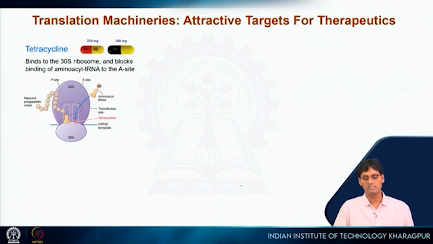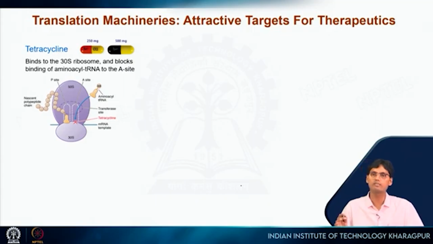Now, this is the last slide here. So, translation machinery, particularly I would say the ribosome, is an attractive target for therapeutics. Particularly, if you see many of the antibiotics, antibiotic means some kind of drug, like medicine, that we generally take to prevent bacteria.